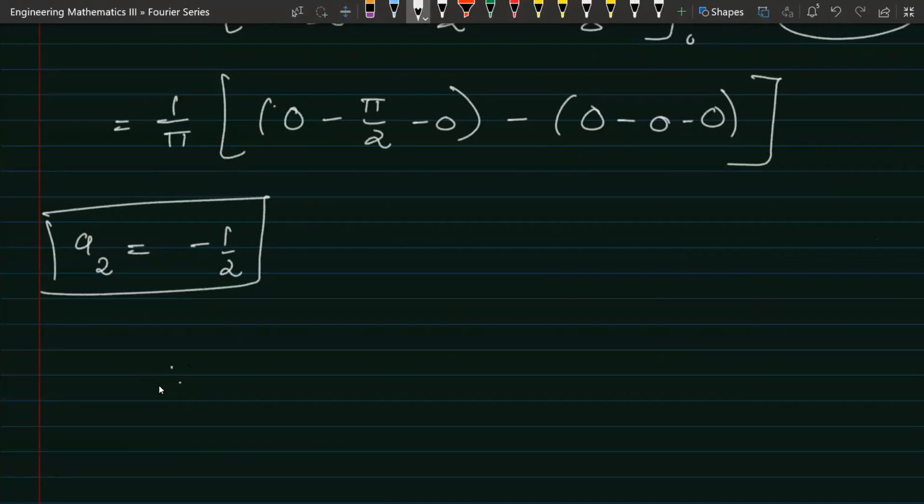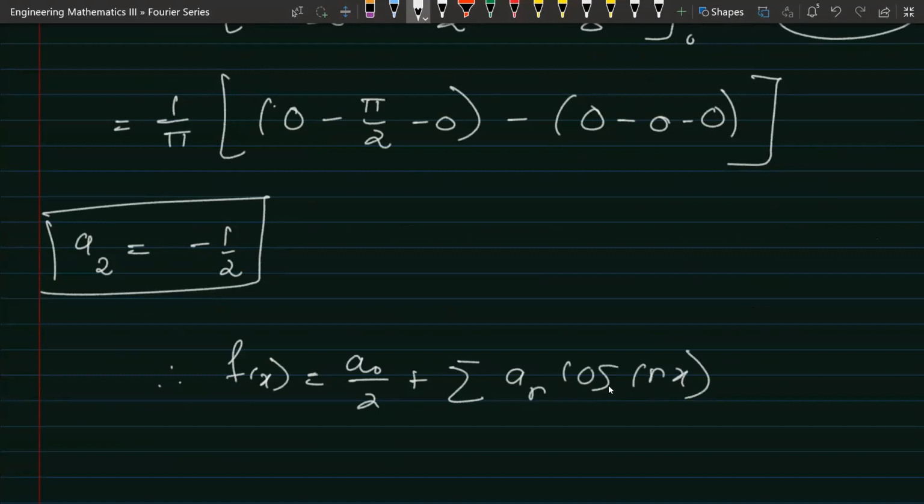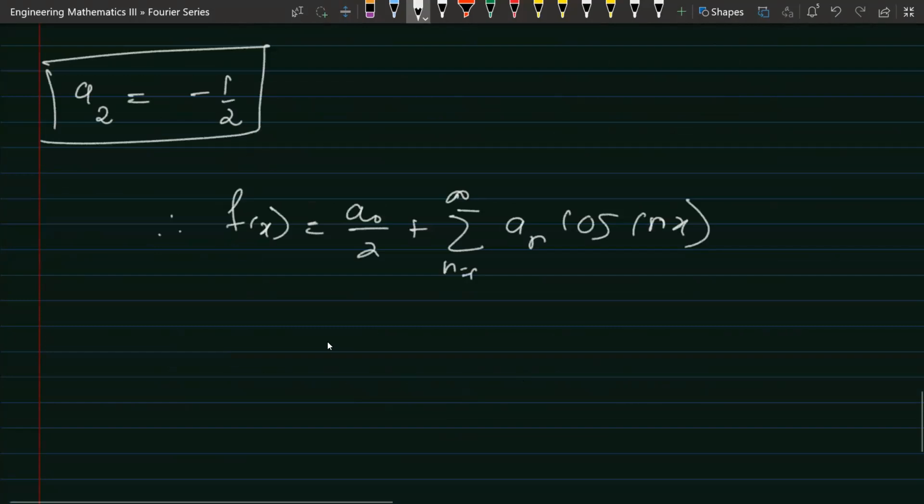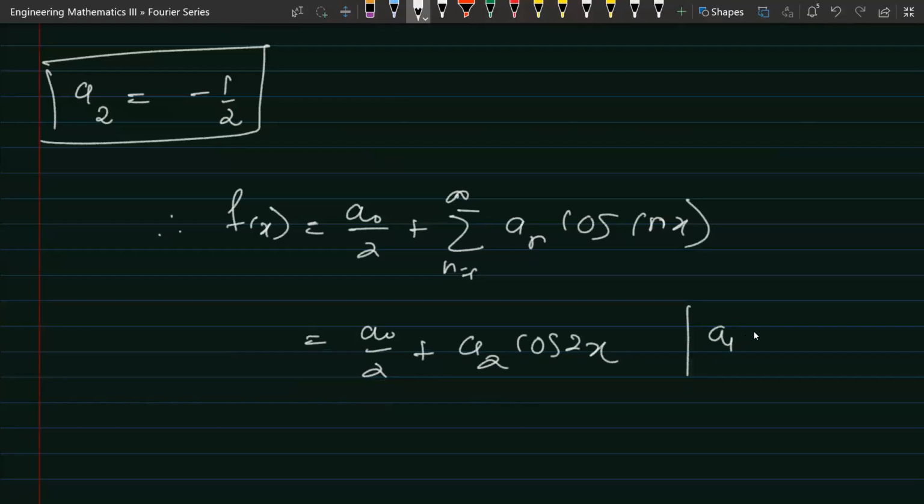So what is the series expansion? f(x) is equal to a0 upon 2 plus the summation of an cos nx, n from 1 to infinity. As we know, only for n equal to 2 it survives, so this is a0 upon 2 plus a2 cos 2x. Why? Because a1, a3, a4 are all zeros.